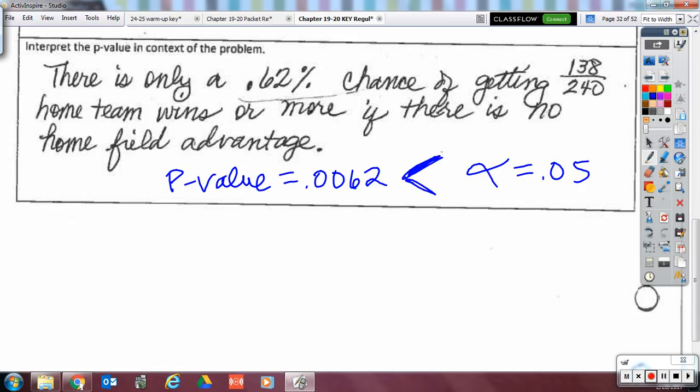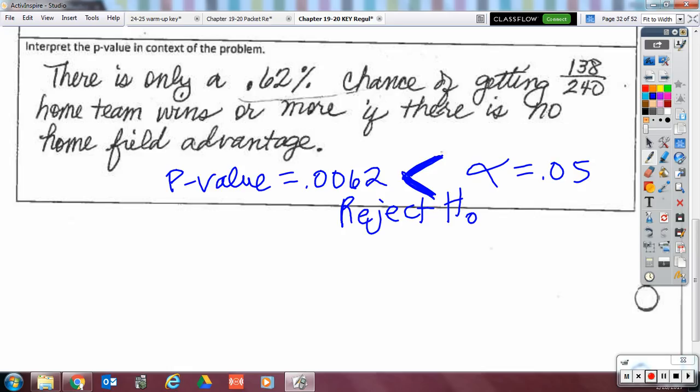Okay, that number is low. That p-value is low. So what's your decision? Yes, we are going to reject H0. That's our decision. Since the p-value is lower than alpha, I reject H0.